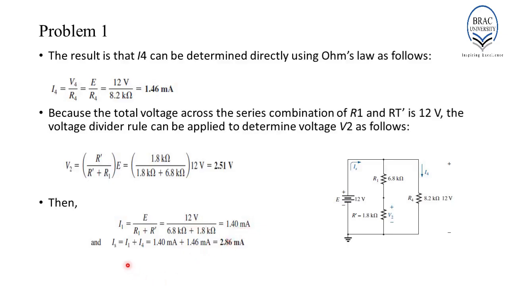Then we can easily determine Is using the formula I1 plus I4 equals 1.4 plus 1.46 milliampere, which is equal to 2.86 milliampere. Now, this is one of the ways in which you can determine Is, V2 and I4. You can also use other techniques to determine these variables.